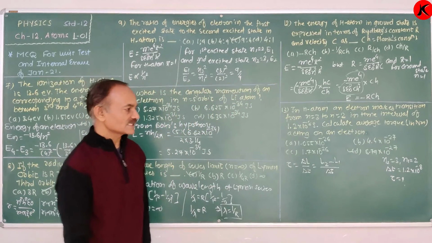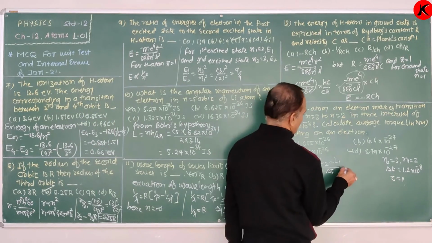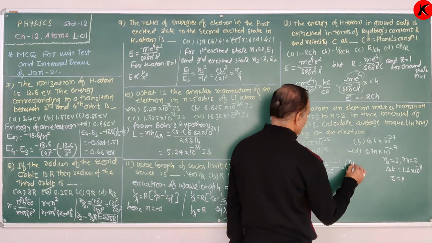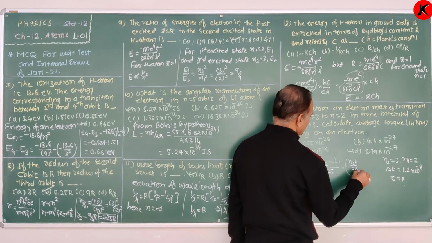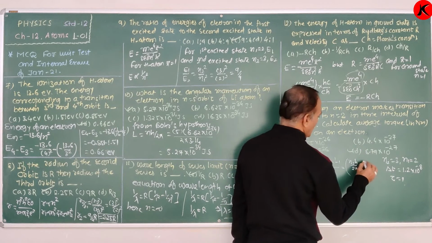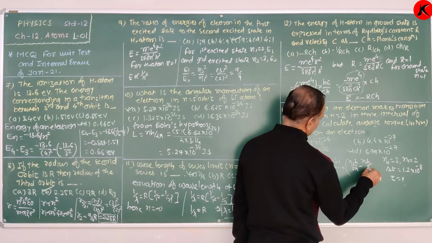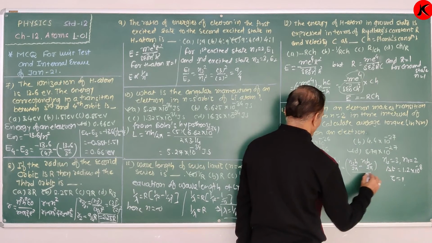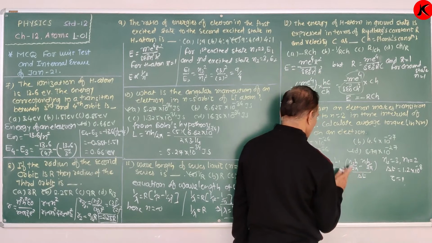From Bohr's hypothesis, we know the angular momentum: n2 h upon 2 pi minus n1 h upon 2 pi, upon delta t.